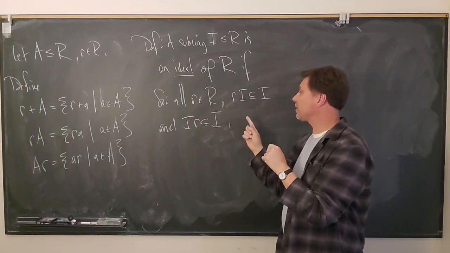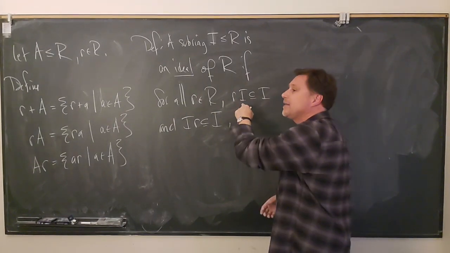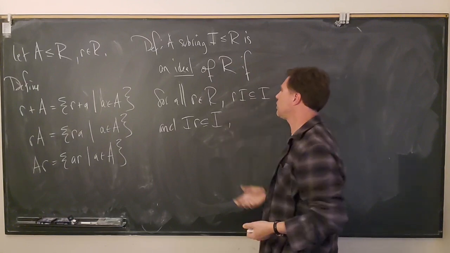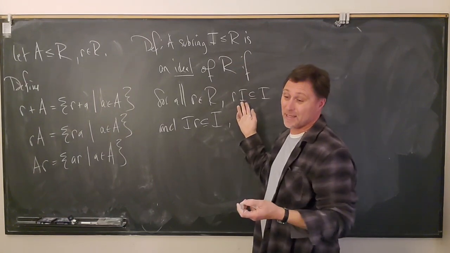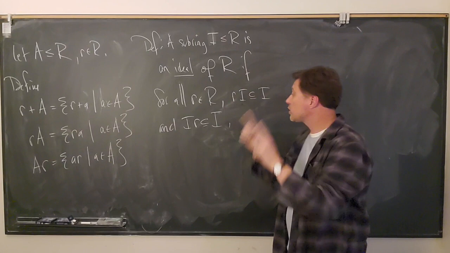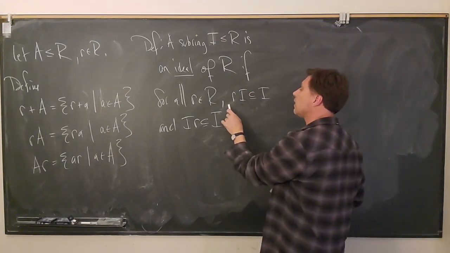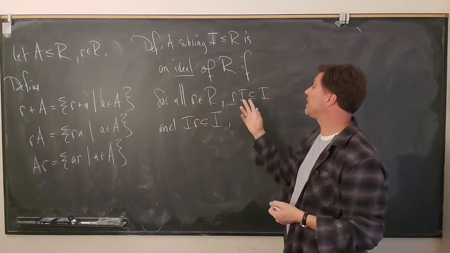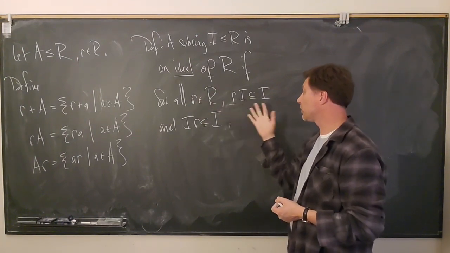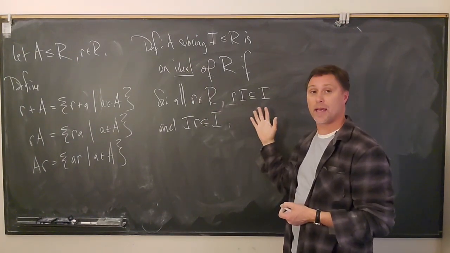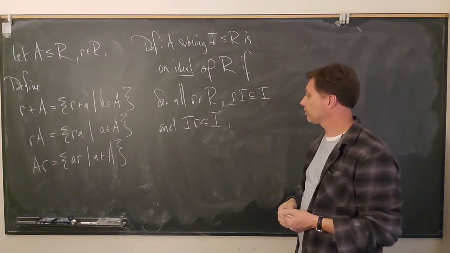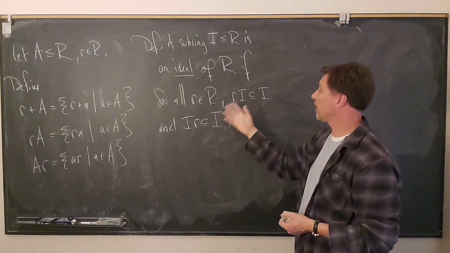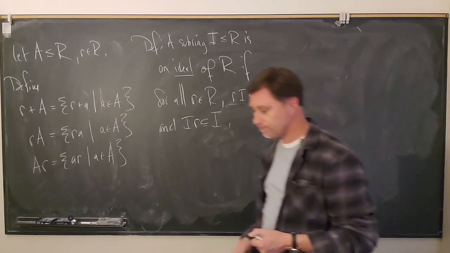If I take two elements of capital I, because I is a subring, it's closed under multiplication. The interesting part is if we take somebody that's outside of I and we do this multiplication and we land inside of capital I. So if it works on both the left and the right, then we call it an ideal.